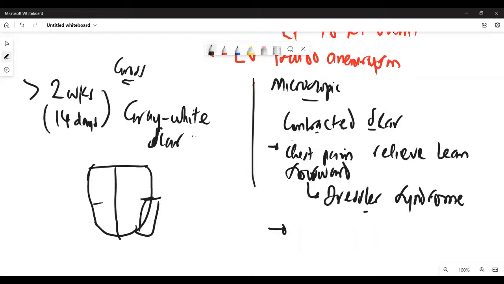So those people are losing their contractility, and as a result of that, they can develop what? They can develop heart failure, right? Which is usually mentioned as heart failure secondary to chronic ischemic heart disease, right? So from ischemic heart disease.